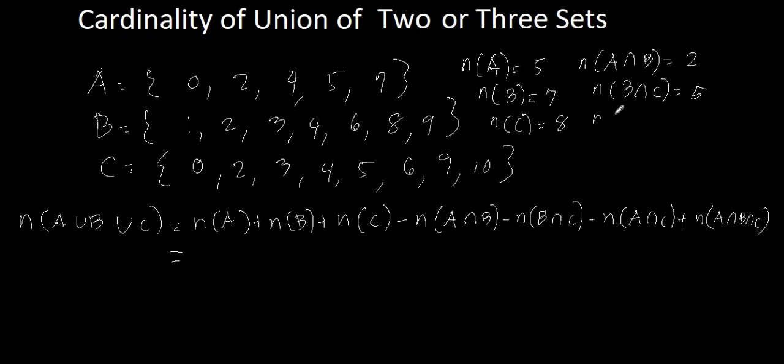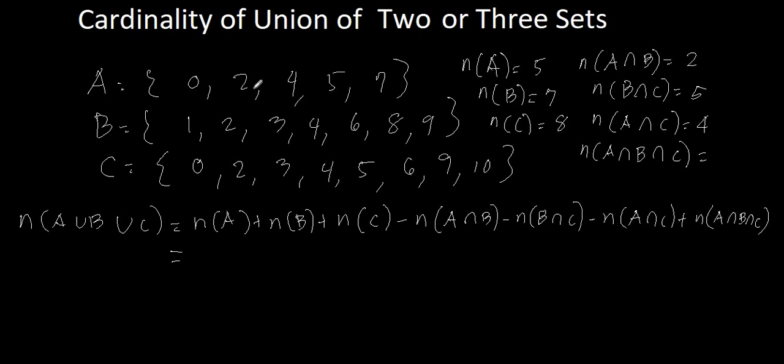How about the cardinality of A intersection C? A intersection C, we have 0, so 1, 2, 3, 4. Okay, so there are 4. How about the cardinality of A intersection B intersection C? So the common elements of the three sets.